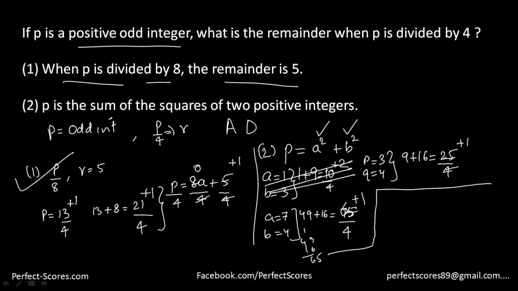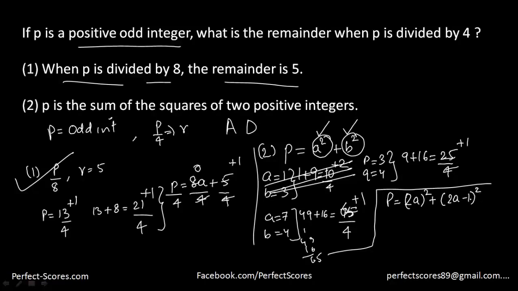So one of them is an odd number and one of them is an even number. That means p is going to be the square of an even number plus the square of an odd number, right?